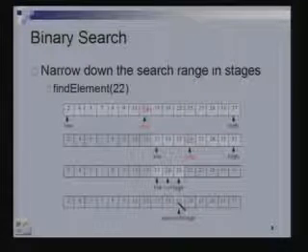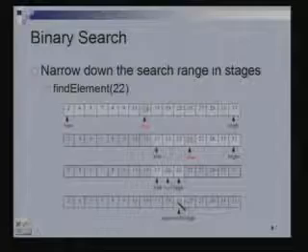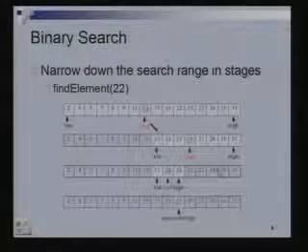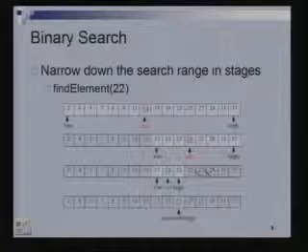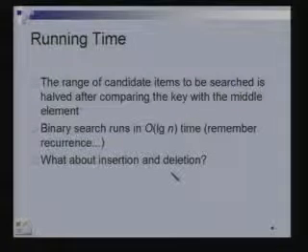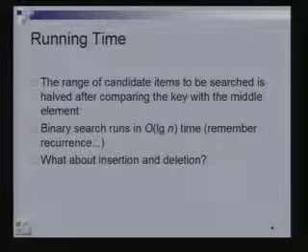In each case you will be able to say whether 22 is there or not. The number of comparisons is only logarithmic, because every time you make a comparison, the size of the array in which you are searching halves, and the number of times you can halve n to get down to 1 is only log of n. So you will take order log n time to do the searching.